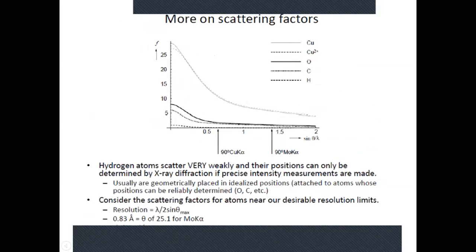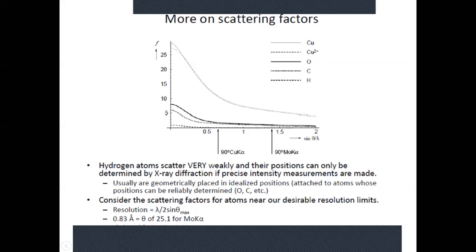So just a little bit more on scattering ability. What I've shown you here is scattering out to 90 degrees 2 theta with copper K alpha radiation and 90 degrees with moly K alpha radiation. With copper, carbon and oxygen still have relatively strong scattering ability. Copper and copper 2+ by far have a lot larger scattering ability.